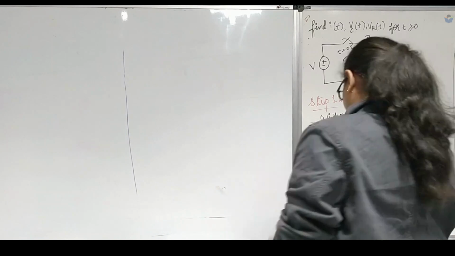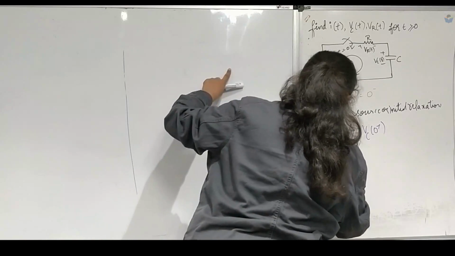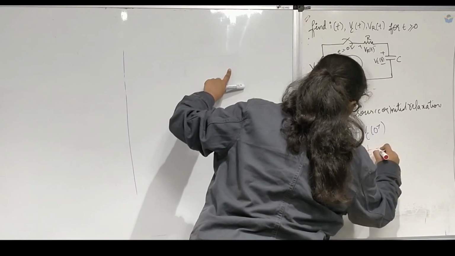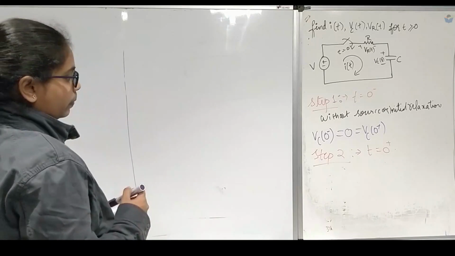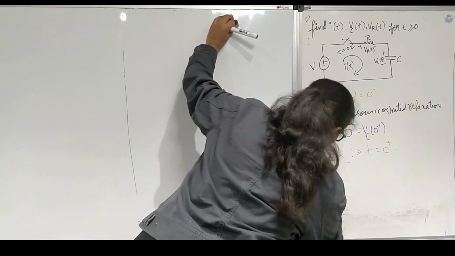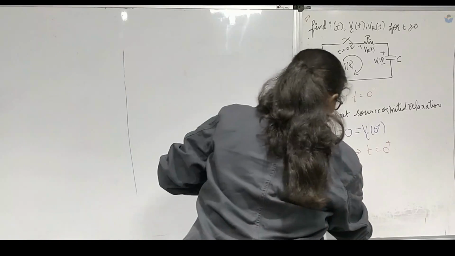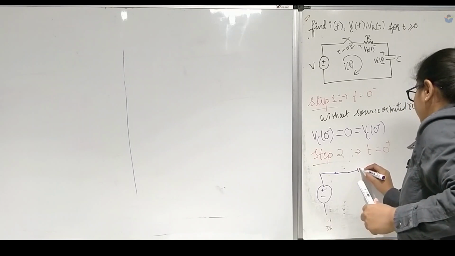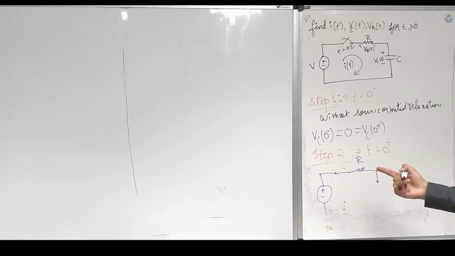Next, step 2. In step 2 we will analyze it for t is equal to 0 plus. Okay, so we will draw this circuit. When the switch is closed, this is R, and how will it behave at t is equal to 0 plus?